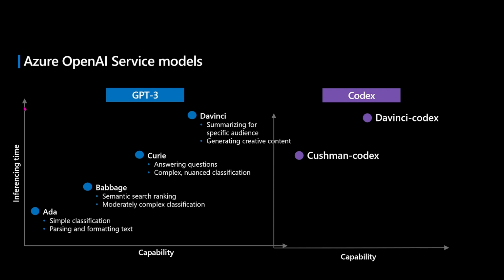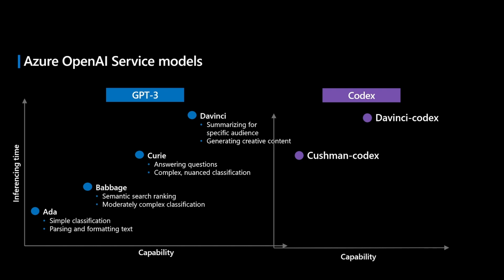DaVinci is great for applications requiring a lot of understanding of the content, like summarization for a specific type of audience. For example, you can ask it to summarize for, say, teenagers or adults, and it can understand that context. It's also great at creative content generation, for example, writing a poem. And DaVinci is also going to produce the best results overall compared to the other models when compared head on.